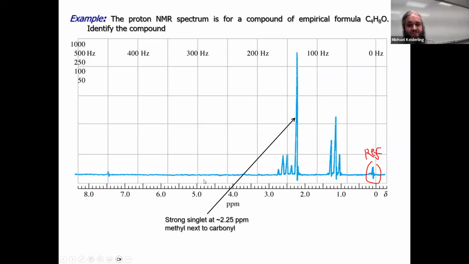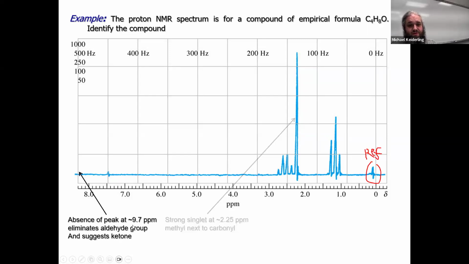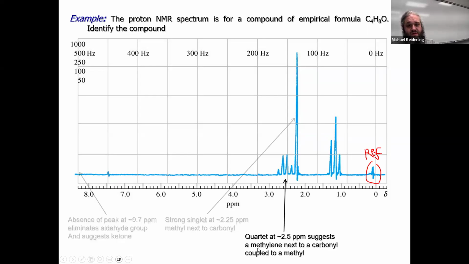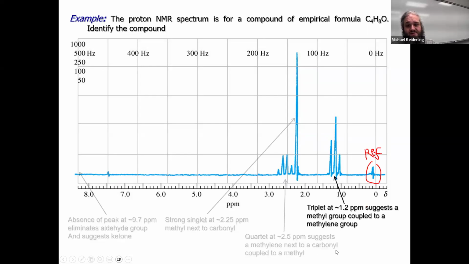This is a methyl next to a carbonyl. There is no peak at 9.7 parts per million, which eliminates aldehyde groups and suggests a ketone. The quartet at 2.5 ppm suggests a methylene next to a carbonyl coupled to a methyl. And the triplet at 1.2 ppm suggests a methyl coupled to a methylene group.